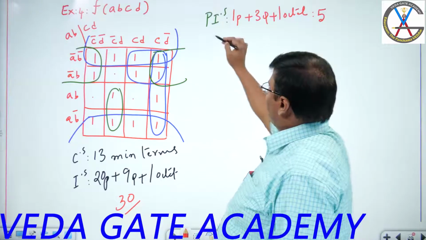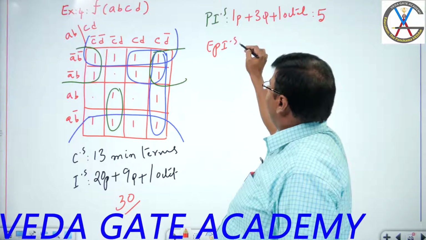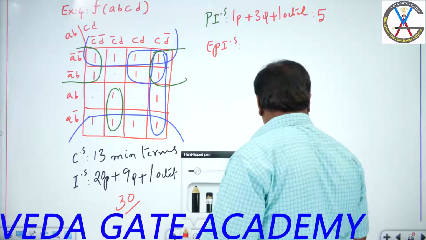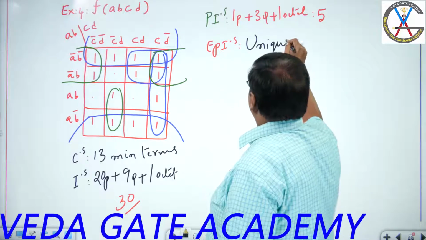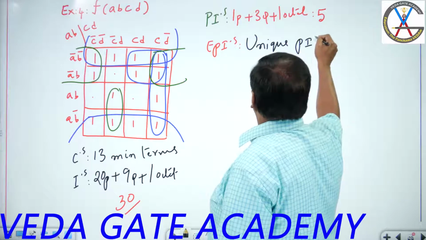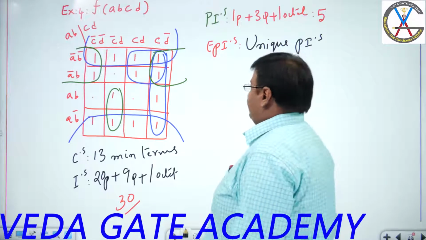And the number of essential prime implicants, E prime implicants. What is the meaning of E prime implicants, which I already told you? Unique prime implicants. Now let us see what we mean by uniqueness.